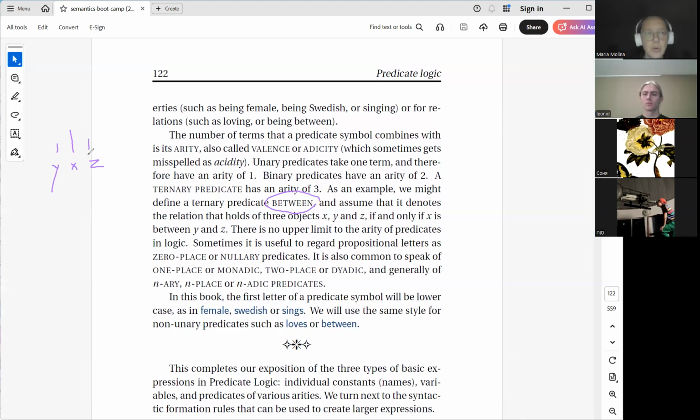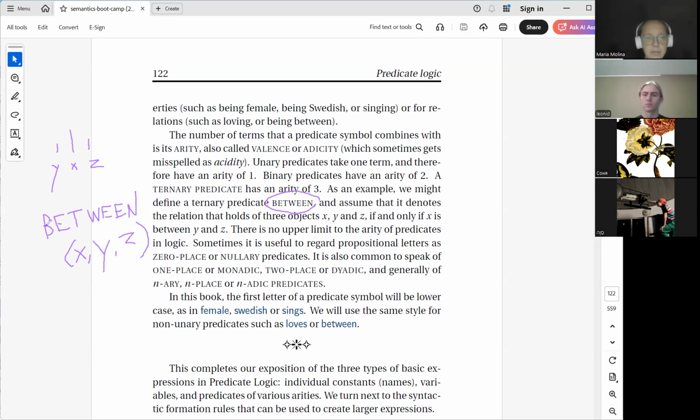So we have 3 terms, and we would write it, it's always written in capital letters, predicate BETWEEN, and then we write x that stands between y and z.